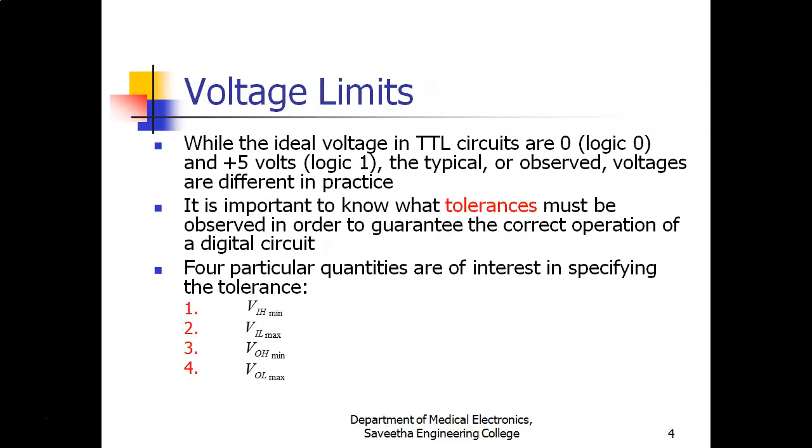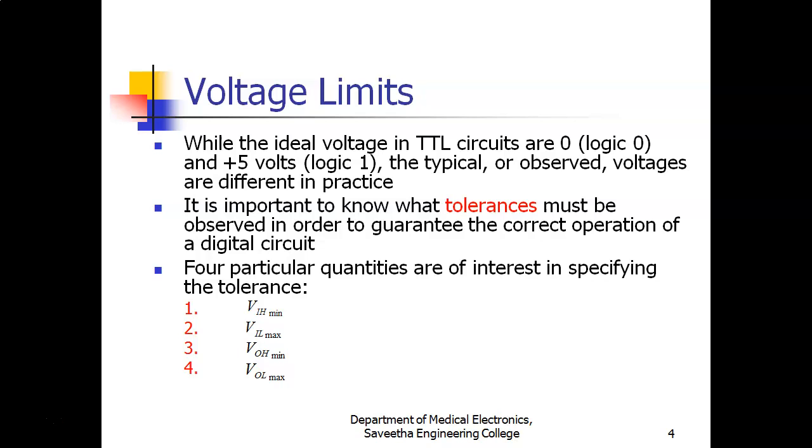Voltage limits, the first property. While the ideal voltages in TTL circuits are 0, that is logic 0 or low, and 5 volts, that is logic 1 or high, the typical or observed voltages are different in practice. It is important to know what tolerance must be observed in order to guarantee the correct operation of digital circuits.